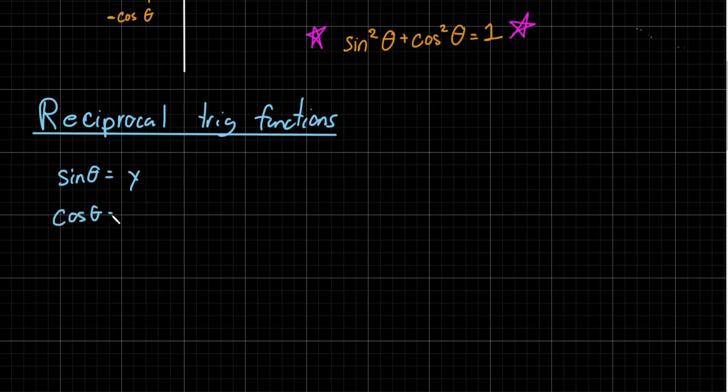Cosine theta equals what? X. And then tangent theta equals what? Y over X. Perfect. So those are our trig functions. We're going to graph those very, very soon. Because there's 3 more of them, and that's the reciprocal of these. So, I'm going to tell you what they are.